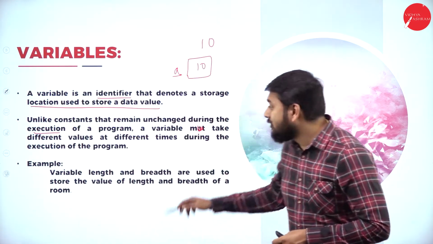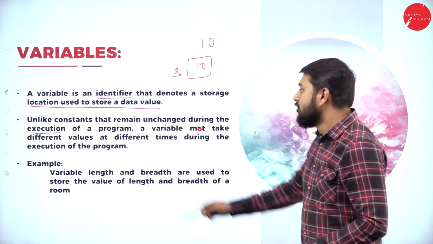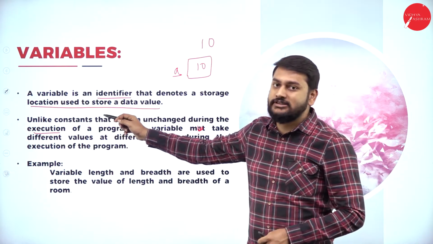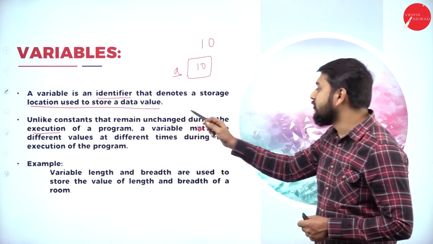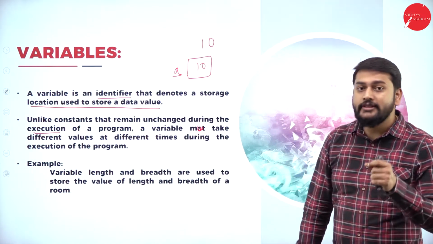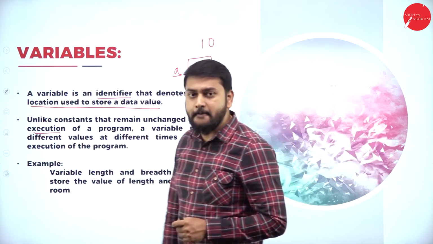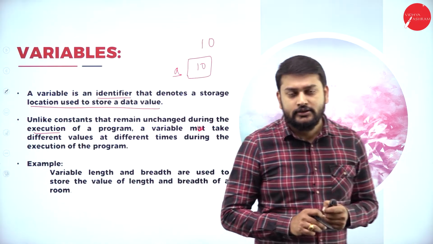Please remember, this is going to be very, very important. I will read it for you one more time. Unlike the constants that remain unchanged during the execution of the program, a variable must take different values at different times during the execution of the program. What is it that you understood from this?